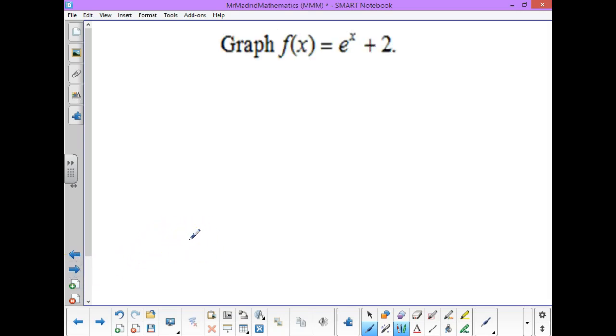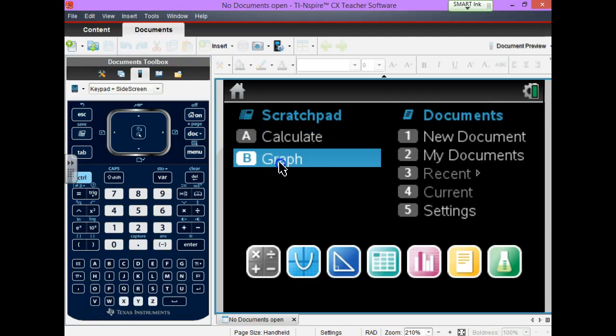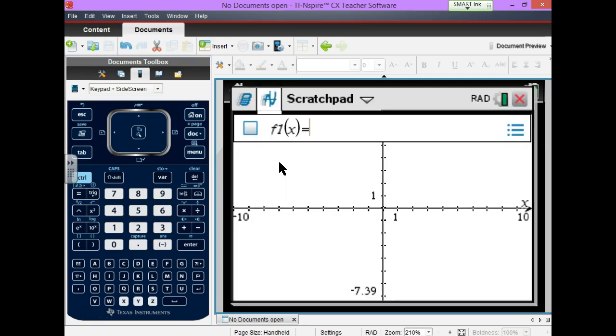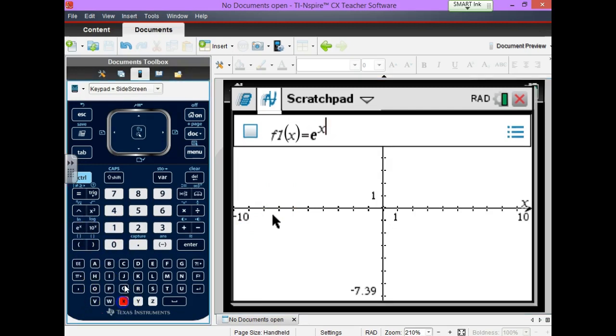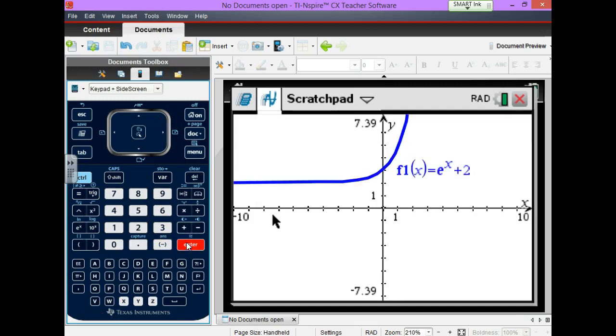Graph e raised to the x plus 2. Let's go and do that. Shouldn't be too hard. So I'm going to go here, e raised to the x plus 2. Let's see what that graph looks like. Alright, there we go.